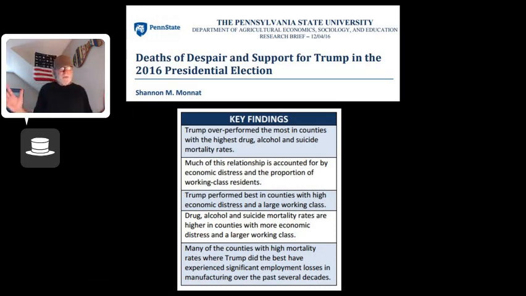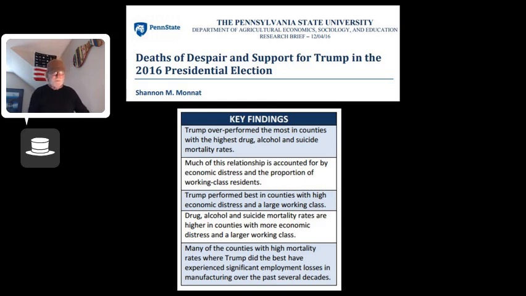Well, let's make all the connections we can. It turns out that the places where there was the highest rate of deaths of despair, counties, were the places where Trump did the best, or where he overperformed. You can read this, it's a very interesting study, check it out.